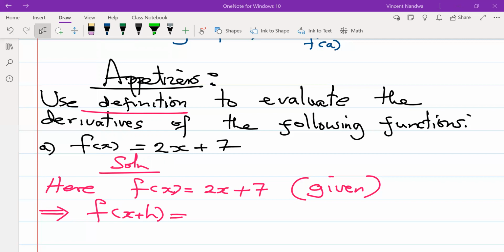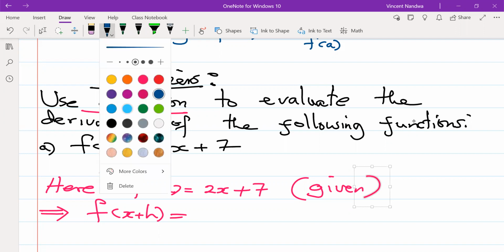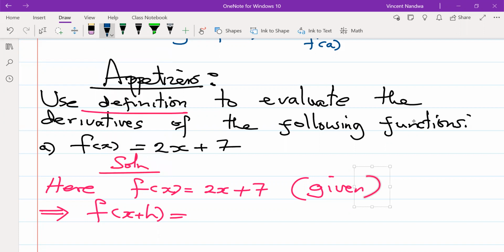Yes, Agnes, what are you getting? Plus h. Okay, I remember the analogy we used, that you take functions as machines. So this machine, you give it x, it gives you 2x plus 7. What happens when you give it x plus h?